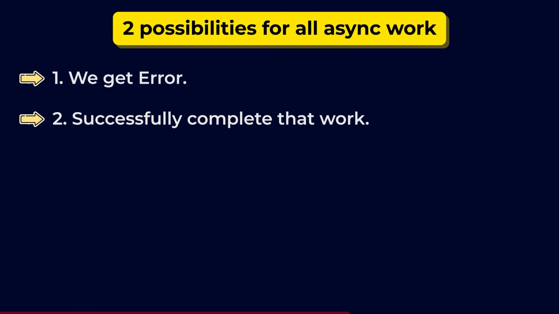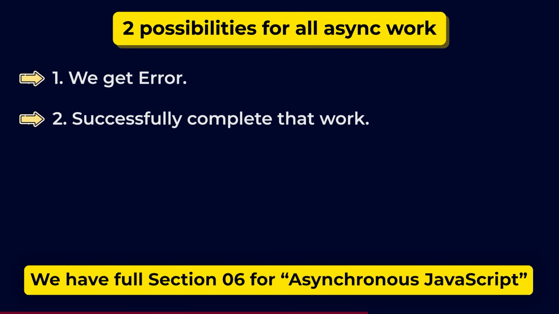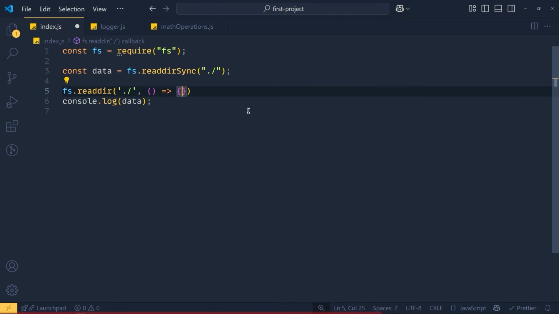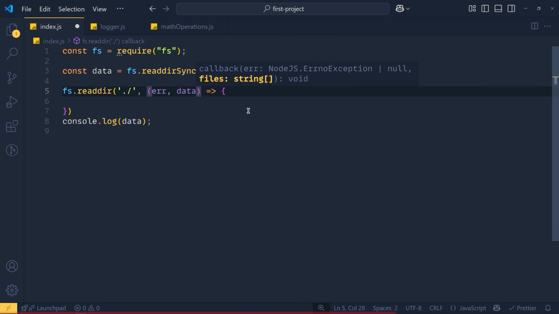I know this is little bit confusing if you are dealing with asynchronous work first time. But don't worry, in the upcoming sections, I have complete section for asynchronous JavaScript. So you will learn all this in depth. Now in this function, at the first position, we get error, and at the second parameter, we get our data.